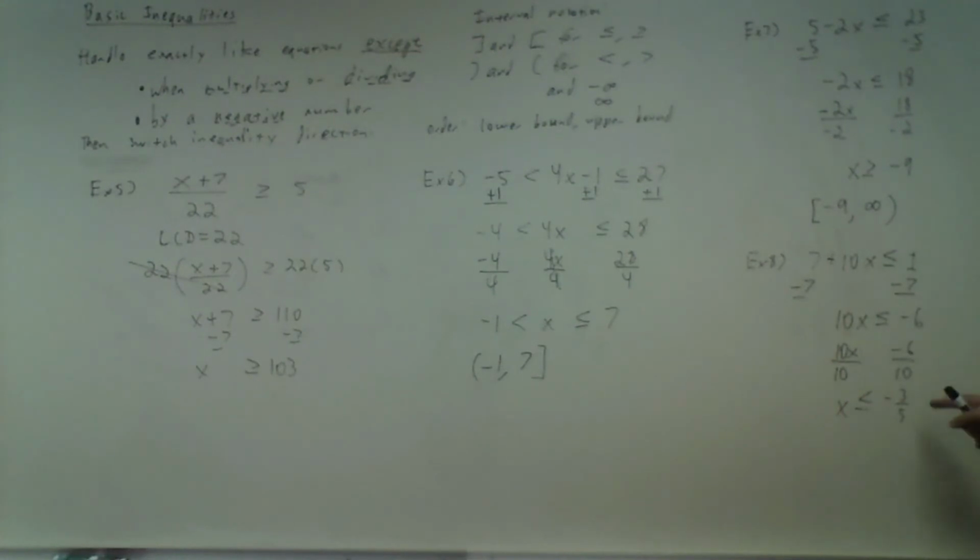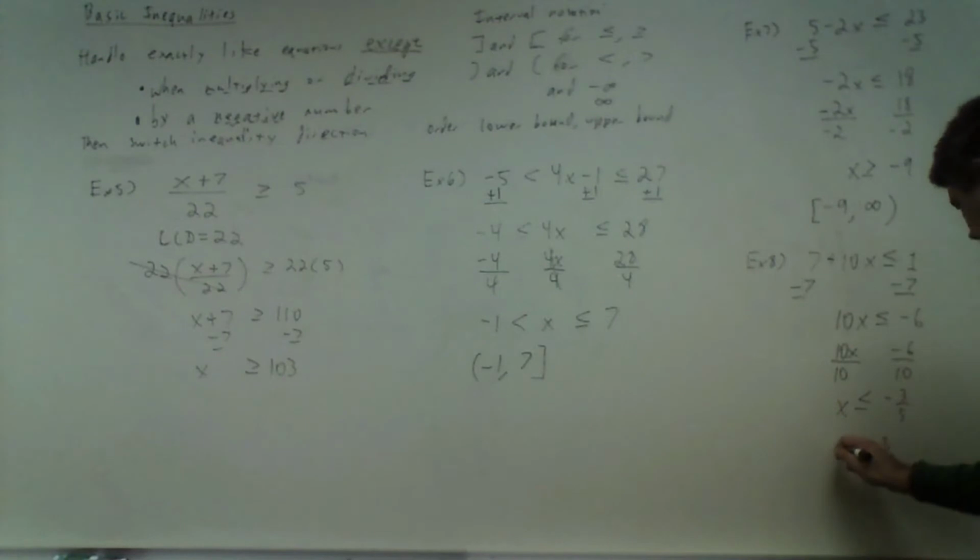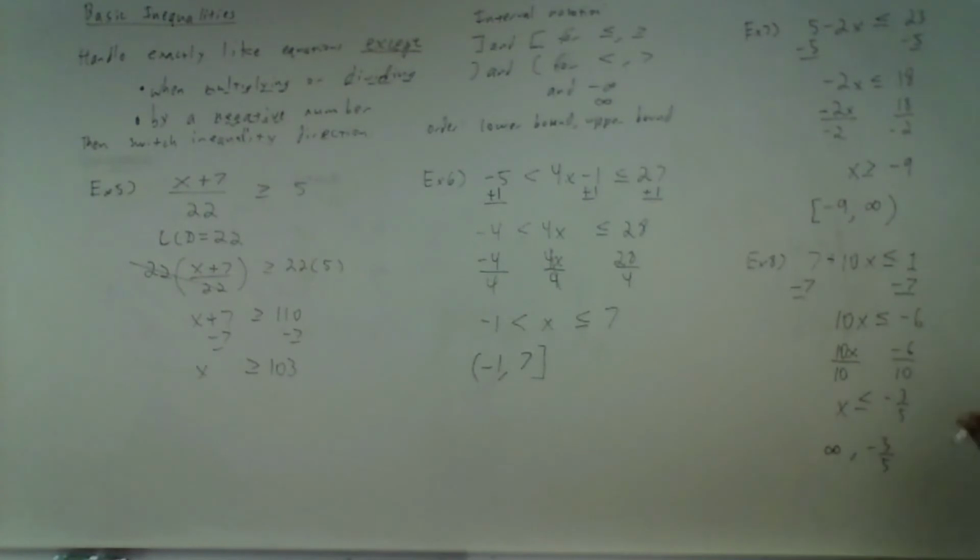Now, for this type of problem, negative 3/5 is equal to or more than x. Because it's more than x, it's the upper limit. Since there is no other number, infinity must be used.